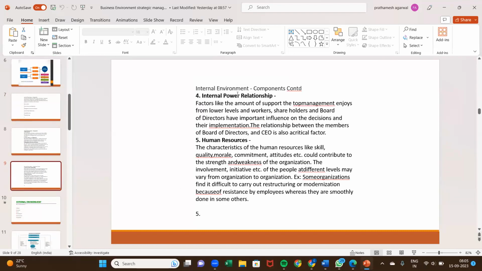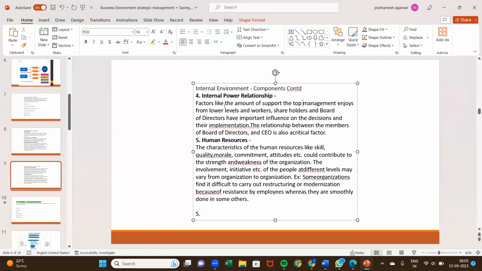Then we have the internal power relationship and the human resources. Internal power relationship, as we see, is about the relations we have with the top management, factors like the amount of support the top management enjoys from lower levels and workers. Now, as I said, we have three levels of management.